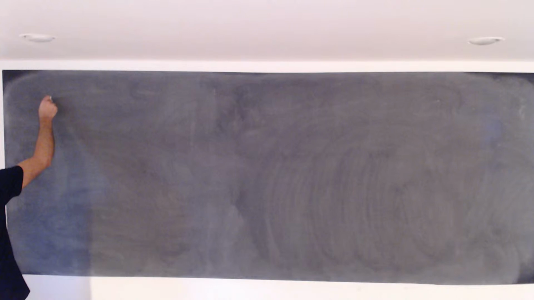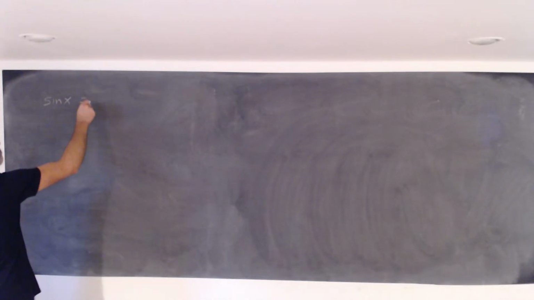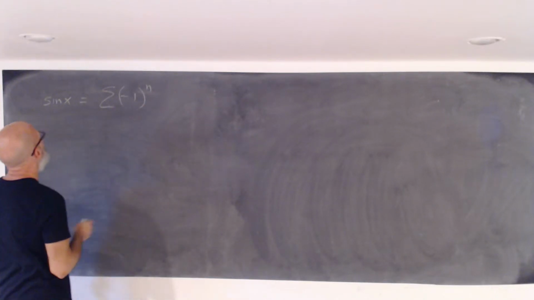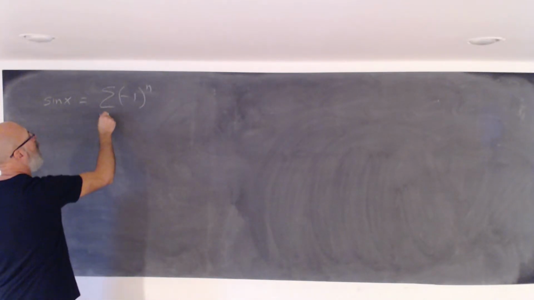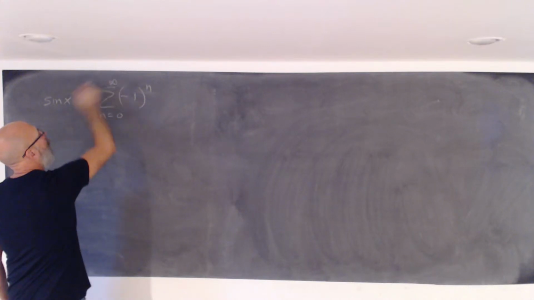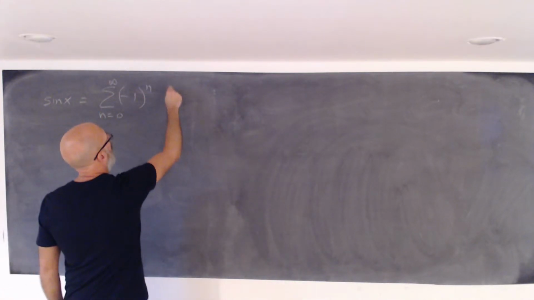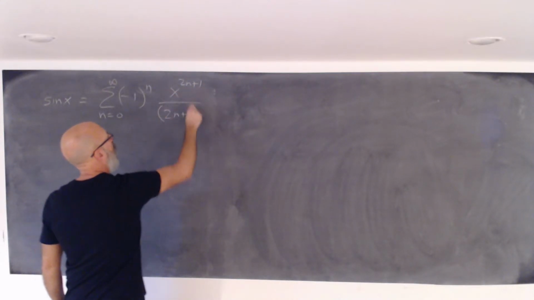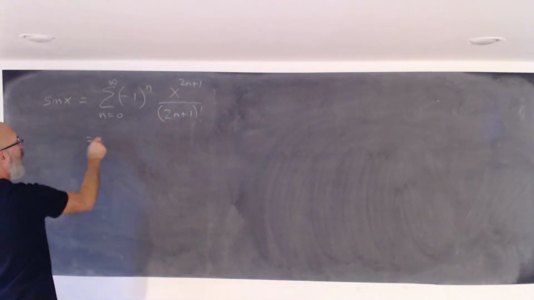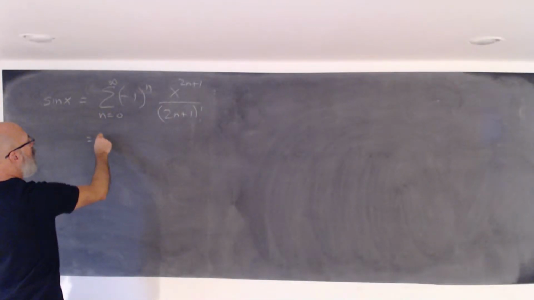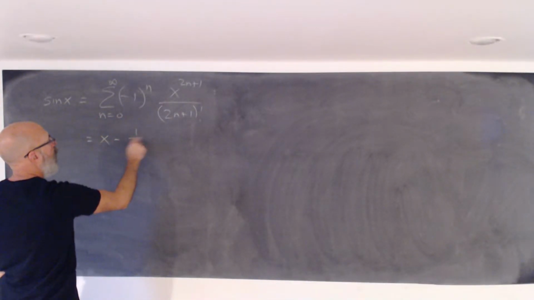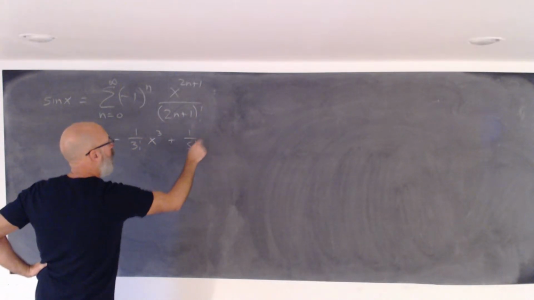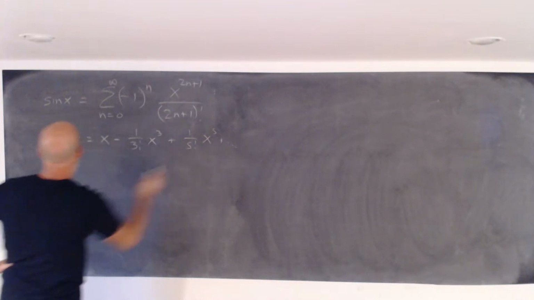You know that sine has Maclaurin series the sum of negative 1 to the n x to the 2n plus 1 over 2n plus 1 factorial. So in other words, this is x minus 1 over 3 factorial x cubed plus 1 over 5 factorial x to the 5 and so on.